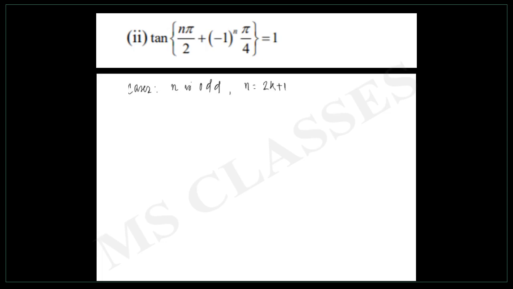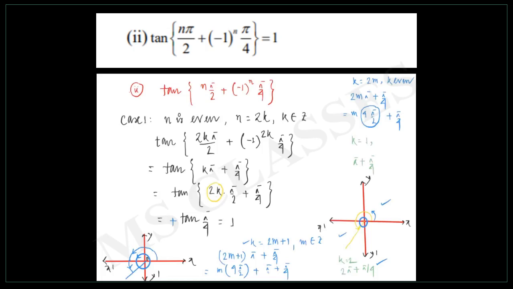So what we have? Tan, here what we can do? n pi is given to us as n pi by 2 plus minus 1 to the power of n pi by 4. As we have taken in the previous case, same thing we are taking: n pi by 2 plus minus 1 to the power of n pi by 4.